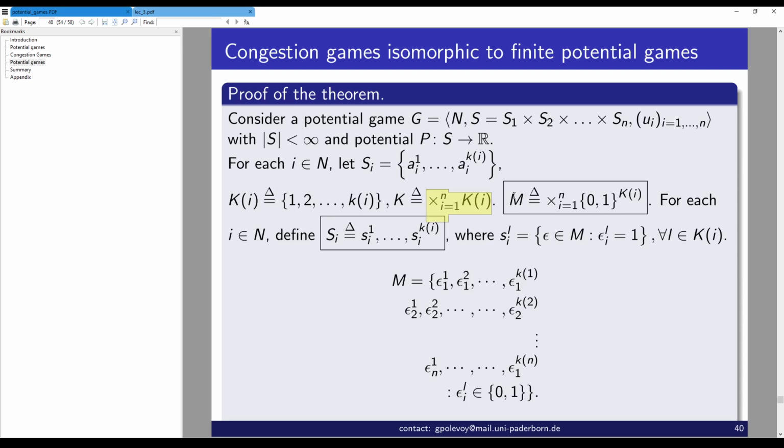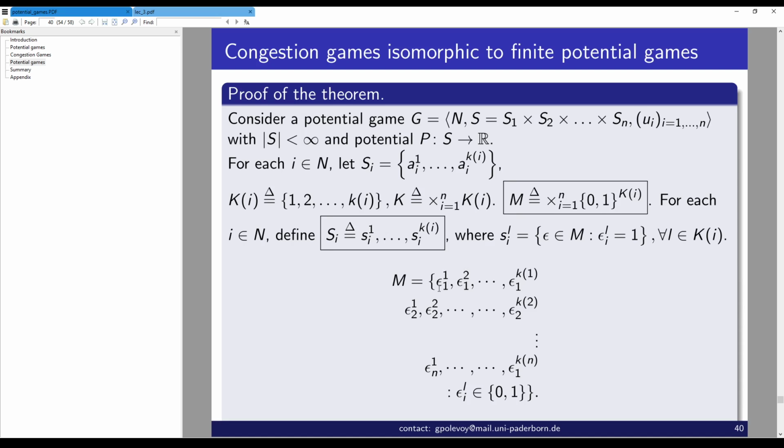For each player, we look at the vector, which is a binary vector of length k of i. Now, the Cartesian product of all those vectors is the set of facilities. So please look again at the formula and then look at the illustration.